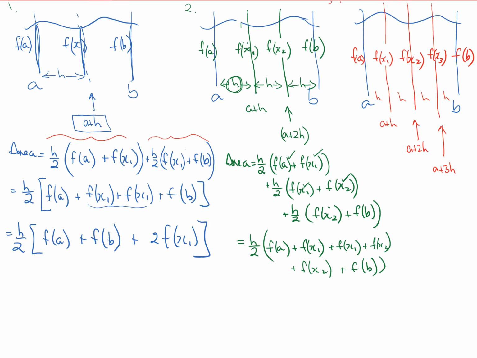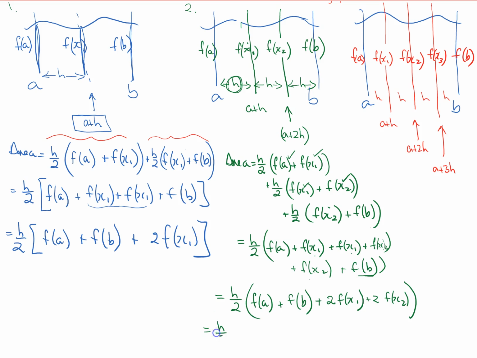Now, like I said, because I know the pattern, I'm going to put my f of a and my f of b at the beginning. Why? Because they don't occur anywhere else. If I look at f of x1, it occurs again here. I can see I've got 2 lots of f of x1, and 2 lots of f of x2 as well.